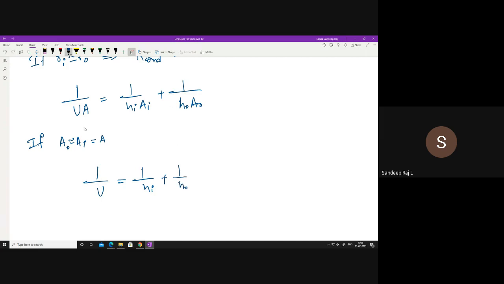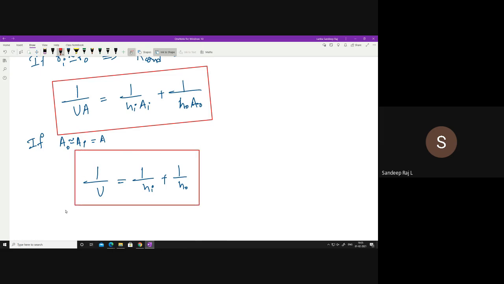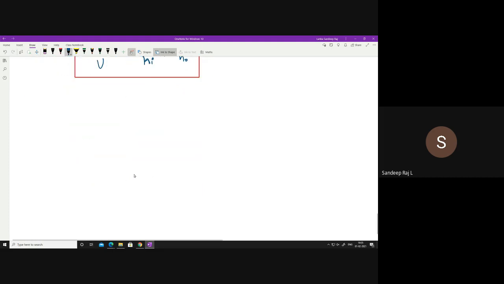That is, the areas are taken out here. So that's how you get the formula for the overall heat transfer coefficient. Based on the situation, you can choose which formula to be used. Based on the given data in the question, you will choose which formula to use. Apart from this one, there will be something called fouling.